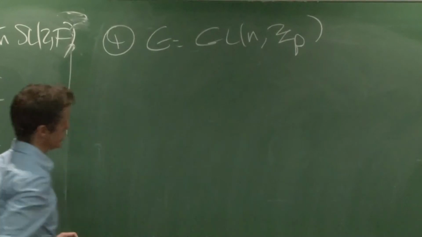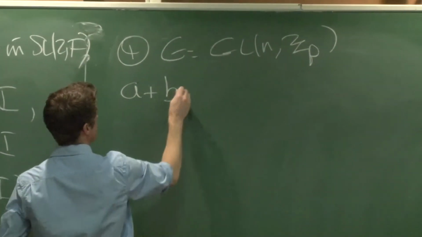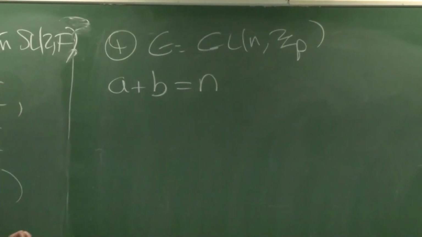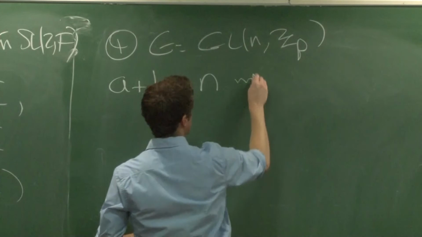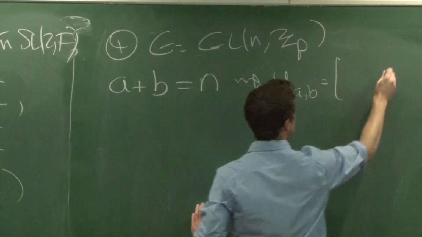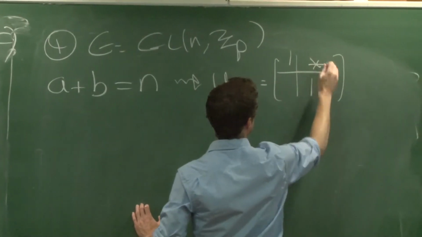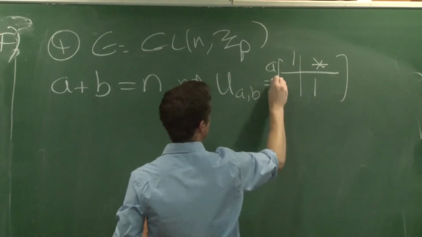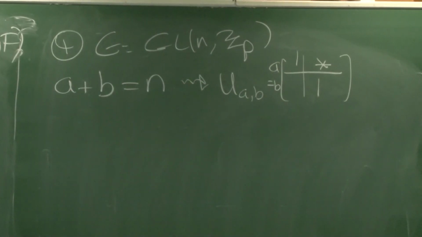Okay, so suppose we're looking at GLN of Z_p, or any ring. Suppose you have a partition with n the sum of two positive integers. Then you can form the following block triangular and block diagonal subgroups.